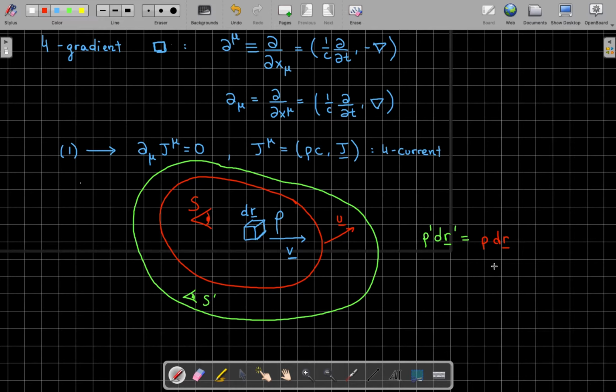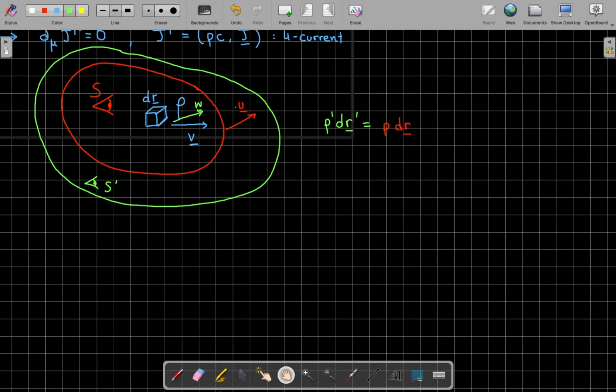Now let's say that this block has a velocity, I don't know how to draw it actually, I'll draw it like this. Velocity w relative to S prime. Okay, the velocity of this is not just v plus u, because that's not how velocities add, unfortunately, in special relativity.